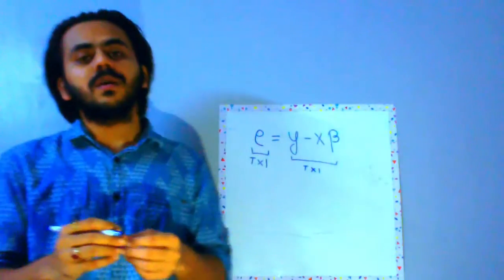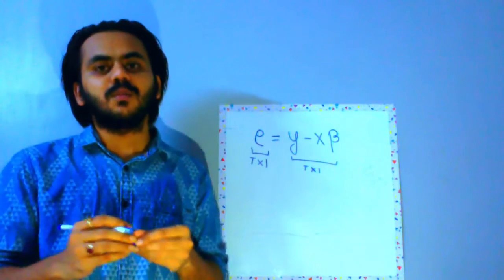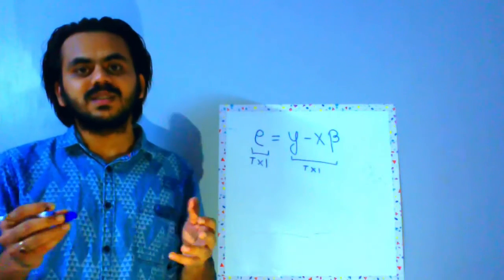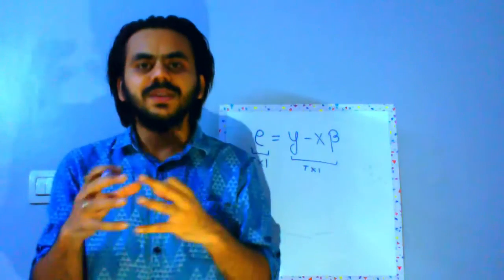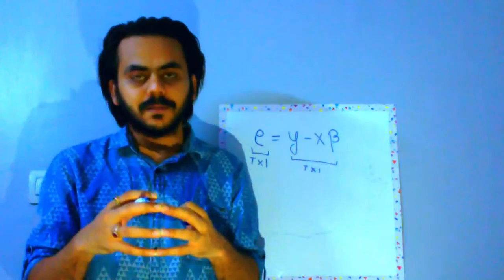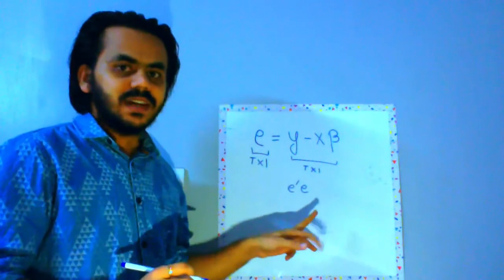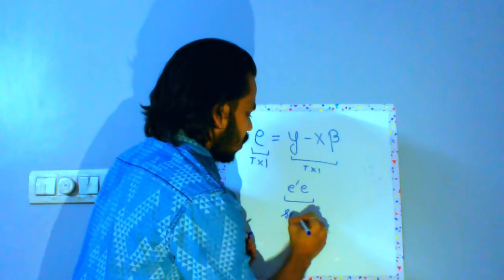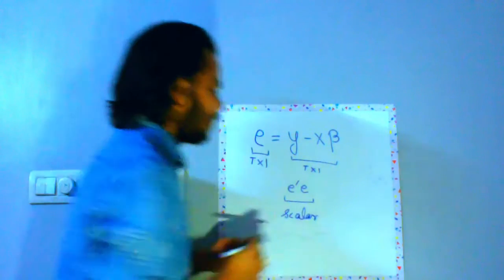So how do you minimize the sum of squared errors, which is required by the least squares criterion? If you recall a bit of linear algebra, E transpose into E would give you a scalar quantity. Now you need to understand why.